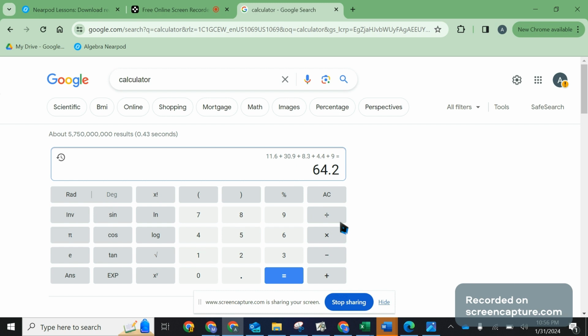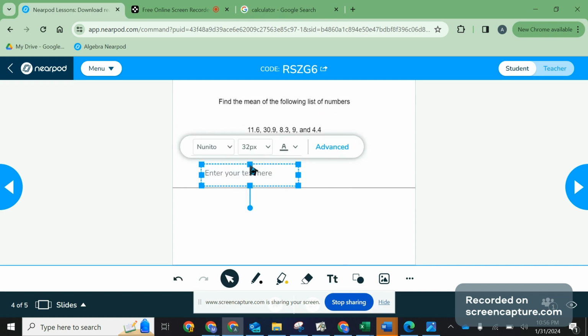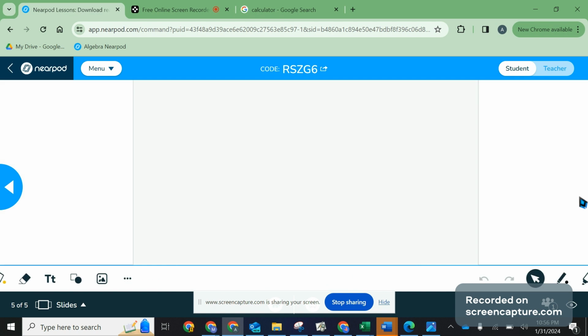I divide that by 5, and I get 12.84. I say, okay, 12.84 is my average for this list of numbers. Yeah, it's got two places after the decimal. That's fine. It's a good answer. I'm done. So, those are what happens when you're given just a list of numbers, just straight up, to find the mean of.